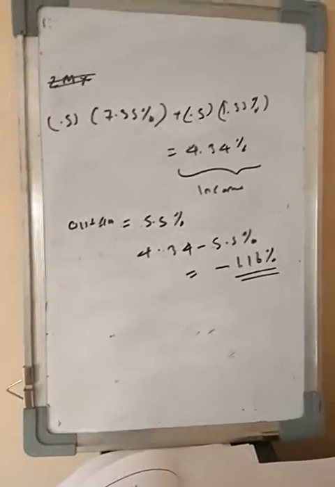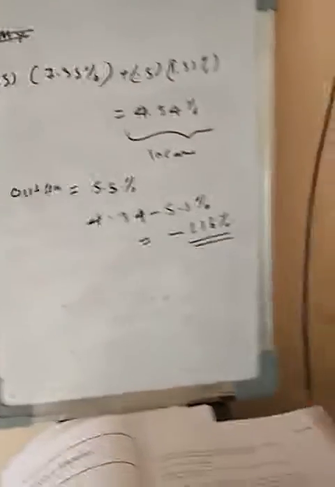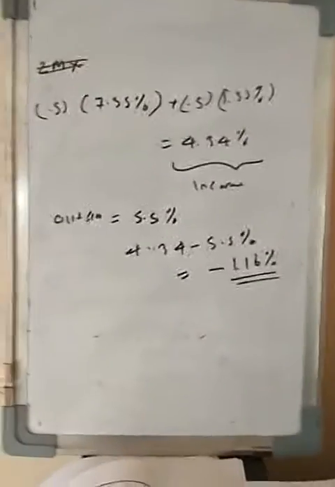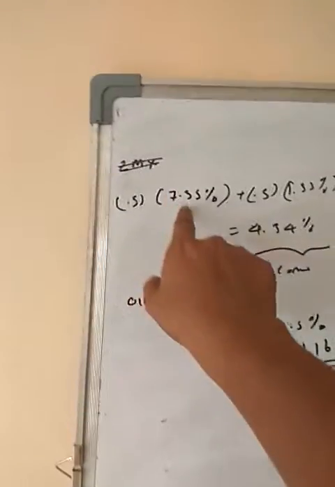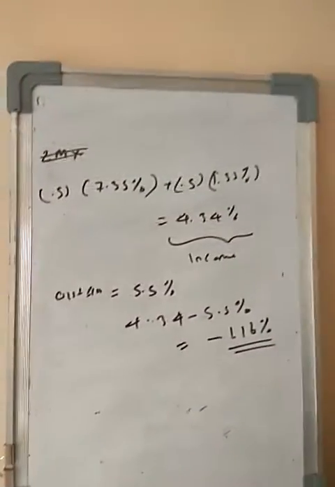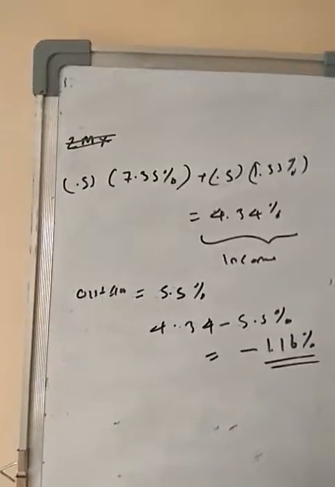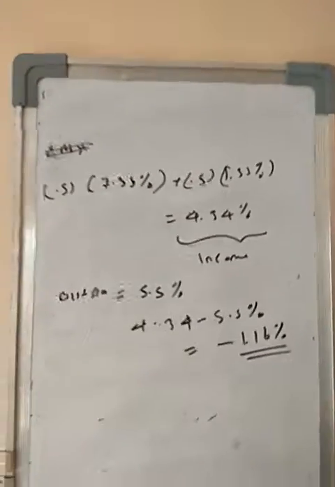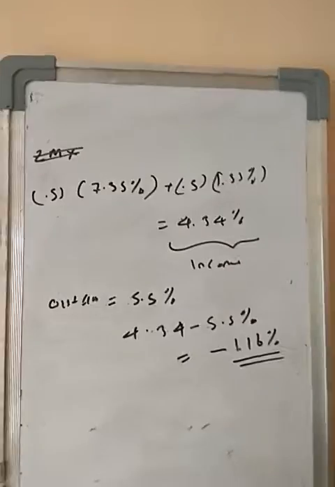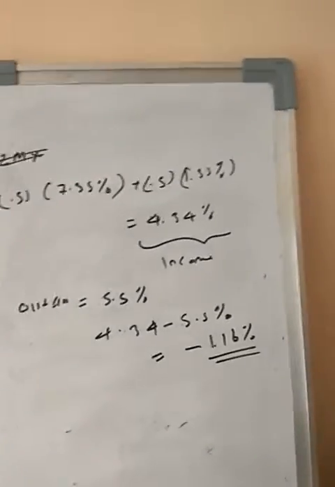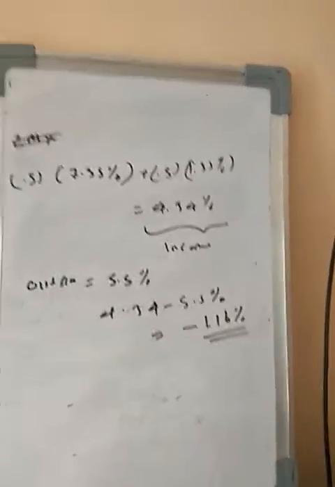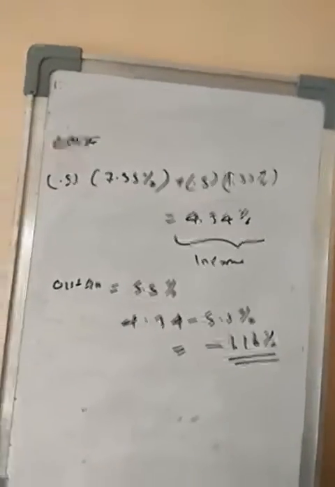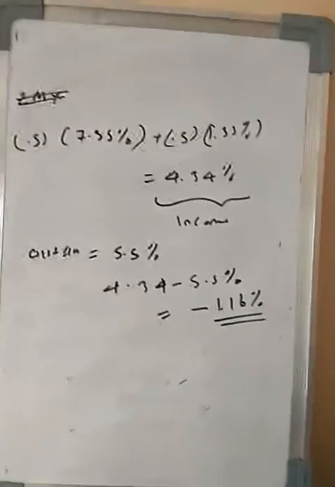They took a 4 million loan, paid 5.5% per annum, gave half of the money at 7.35 percentage. The rest of the half they gave at 8% in GBP, not USD, to the other client. From that client they got the money back after 1 year at a calculated price.